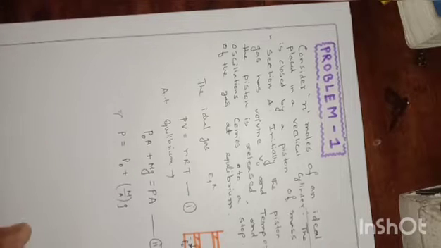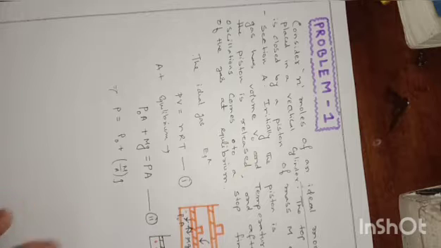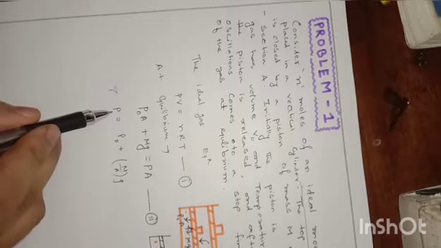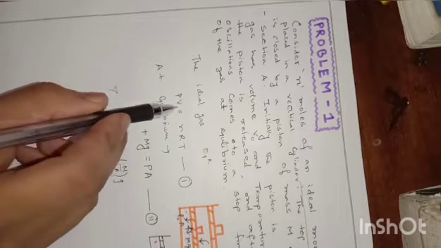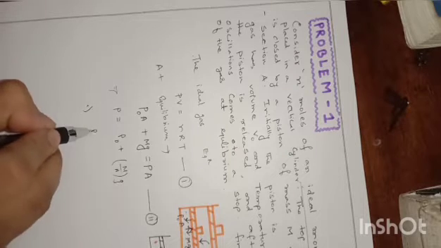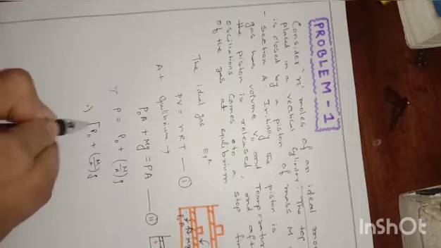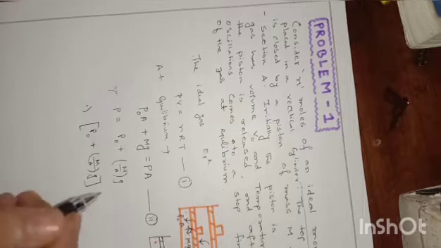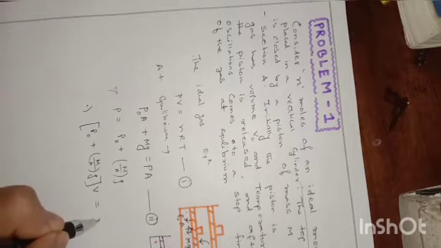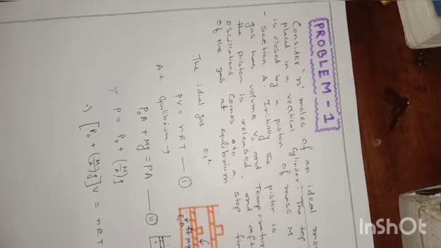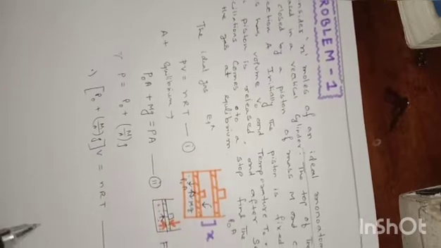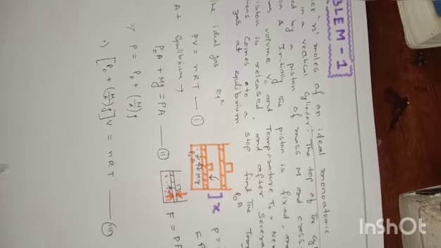Okay, and we shall now put this value of P in equation 1. So we get (P0 plus mg/A) times V is nothing but nRT, and we shall call this equation 3.